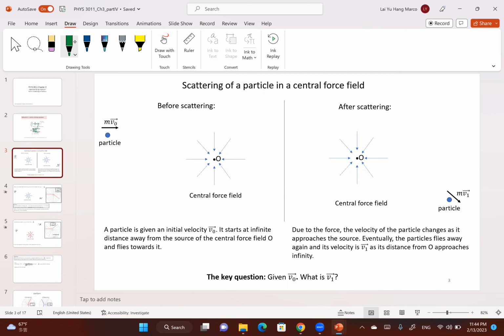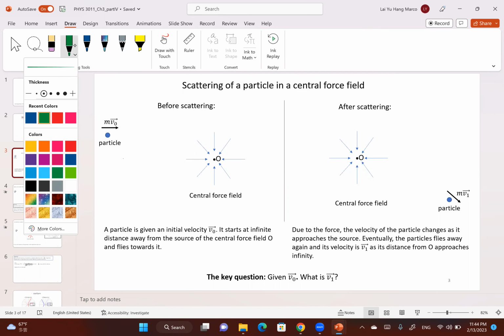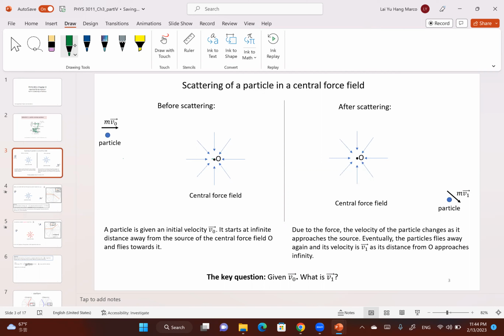There's one more parameter we need to specify: the lateral distance between the center of the force field and the initial position of the particle. I call this p.